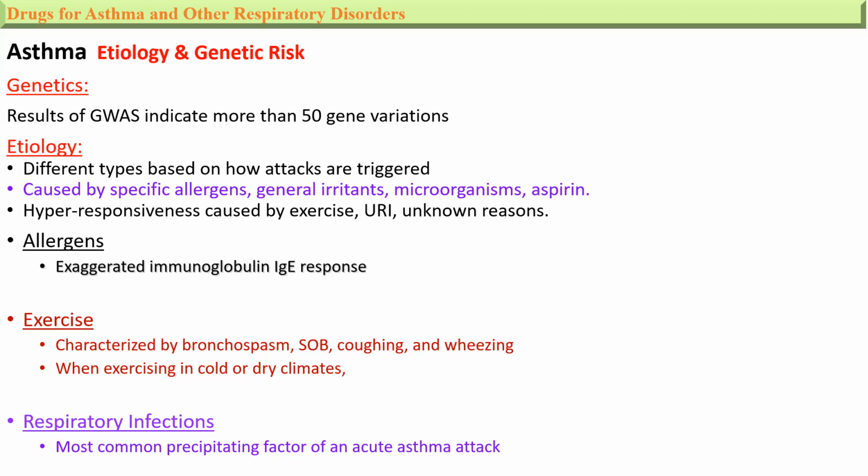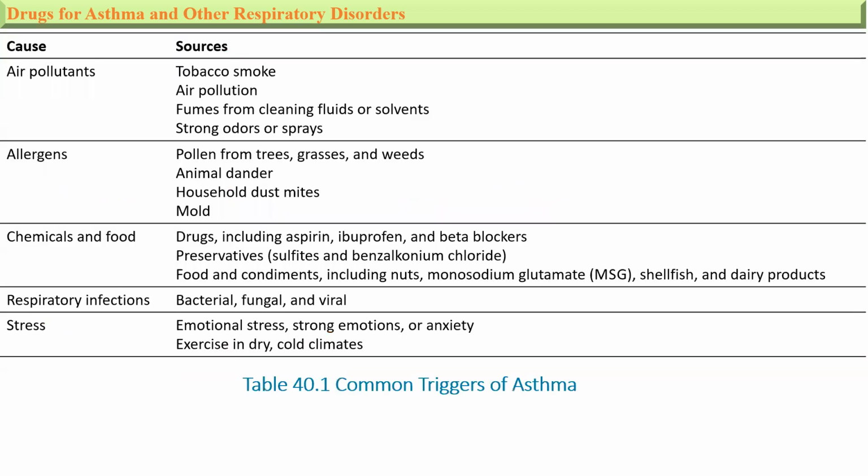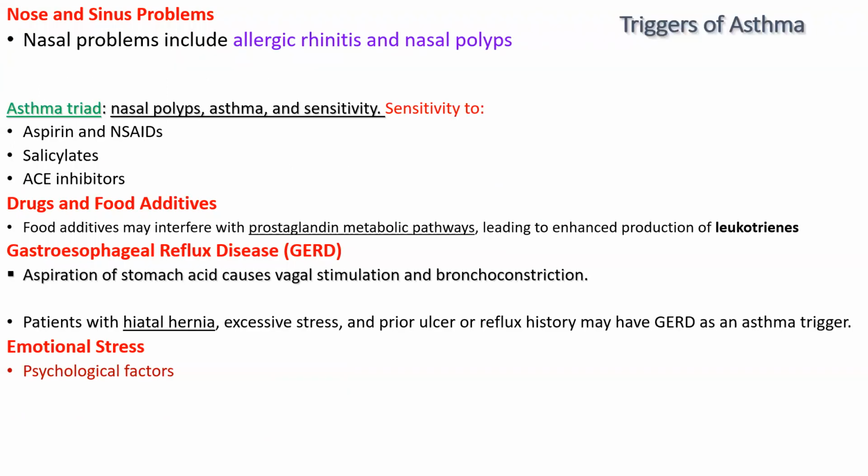Now, the infections also may precipitate the asthma attack. The inflammation will increase the hyperresponsiveness of the bronchial tree. Some of the causes and sources as common triggering factors for the asthma attacks: this slide highlights some of these triggering factors like the nose and sinus problems.